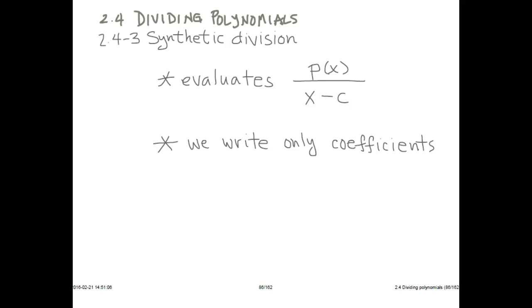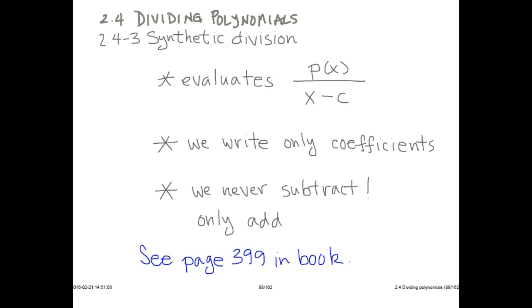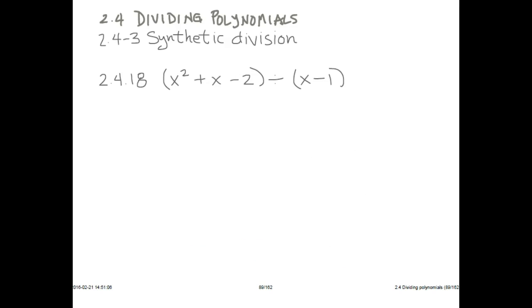In synthetic division, all we have to do is write down coefficients and the constant term, and we're never going to have to subtract. We will only add, and this helps us improve our error ratio. There's a good write-up on it in the book, see page 399.